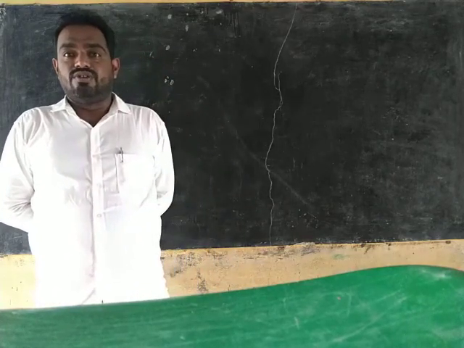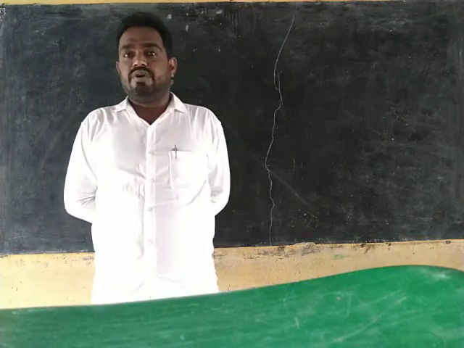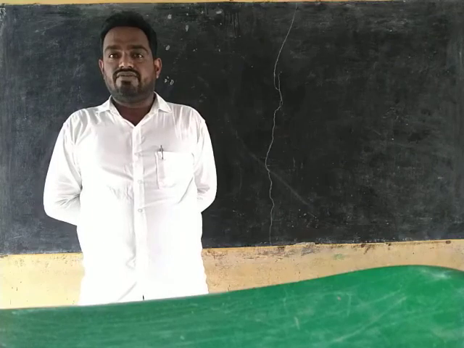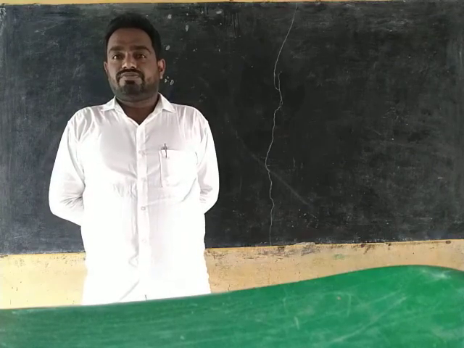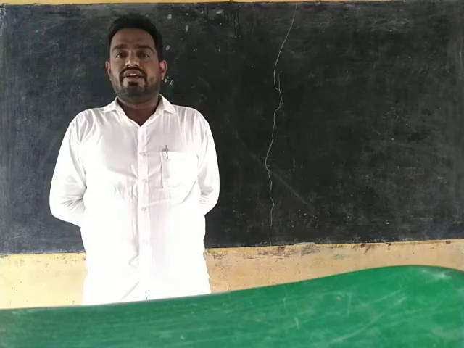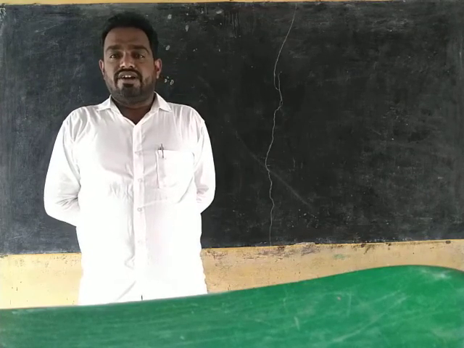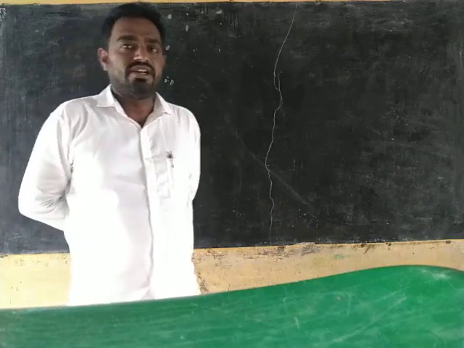Now in this video we are discussing the distance between two points, the area of the triangle, and internally dividing points and externally dividing points. These definitions we are discussing in this video, right?